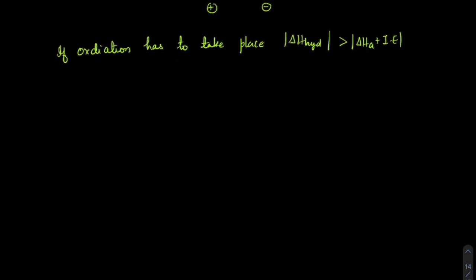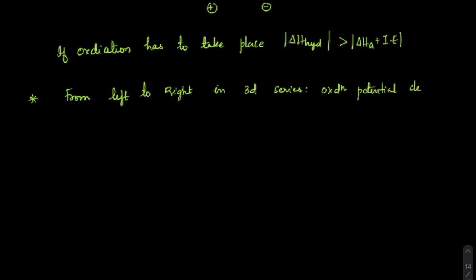So check this out. If we check from left to right in the periodic table in the 3d series, what you will observe is that the oxidation potential decreases. Why does that decrease? There are two reasons for it.